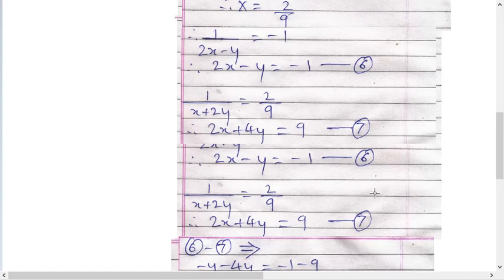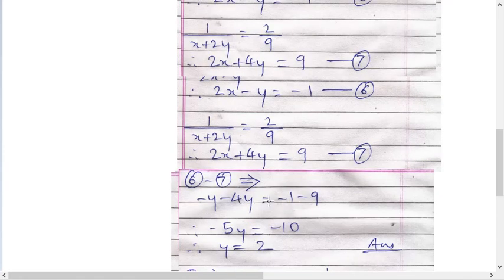Now 6 and 7 are easy. 2x minus y and 2x plus 4y. So perform 6 minus 7, x will go. So what happens? Minus y minus 4y equals to minus 1 minus 9, that is minus 10. So minus 5y equals to minus 10, y equals to 2.